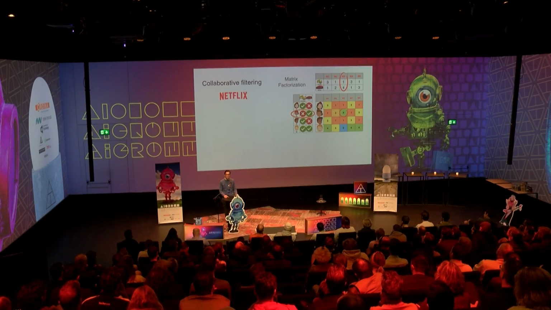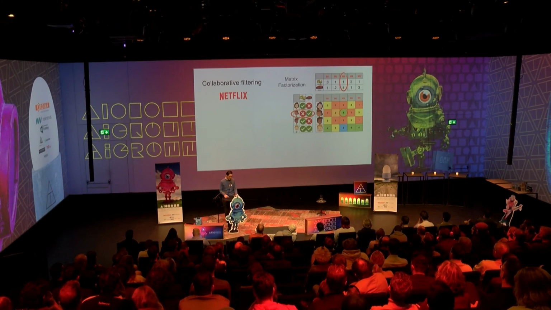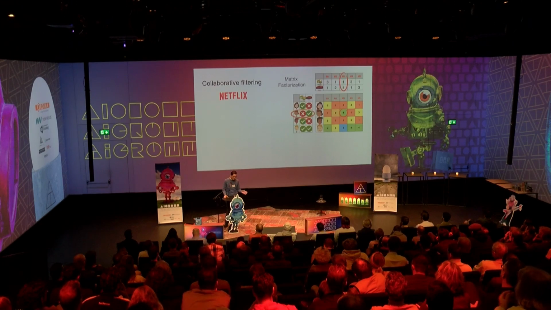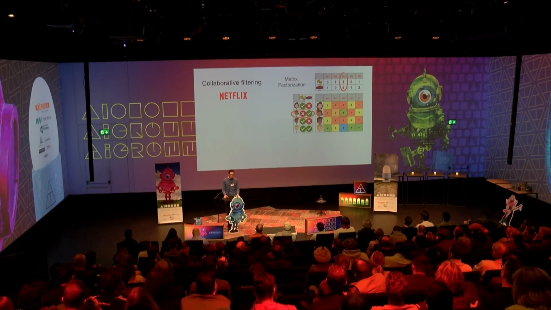And by factorizing it, what you end up with is the weights on top, and this learns clusters of movies that get high ratings. So you end up with a comedy and an action signature.